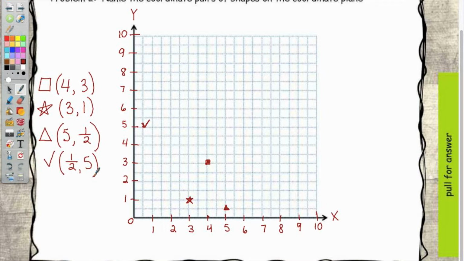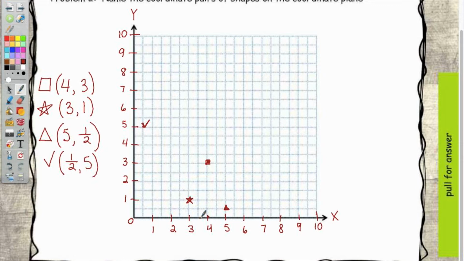Okay, let's talk a little bit more about this because this gets pretty confusing, okay? This is easy unless your coordinates end up on the lines. And then you might still think it's easy, but we're going to try this, okay? Okay, so I want you to place a circle at 0, 7.